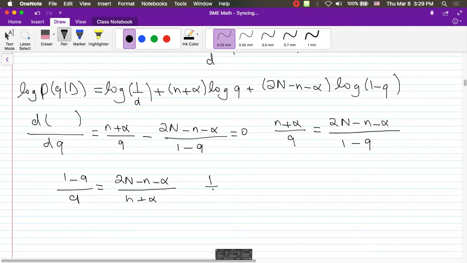So I have 1 over q equal to (2N minus n minus alpha) over (n plus alpha), plus 1.